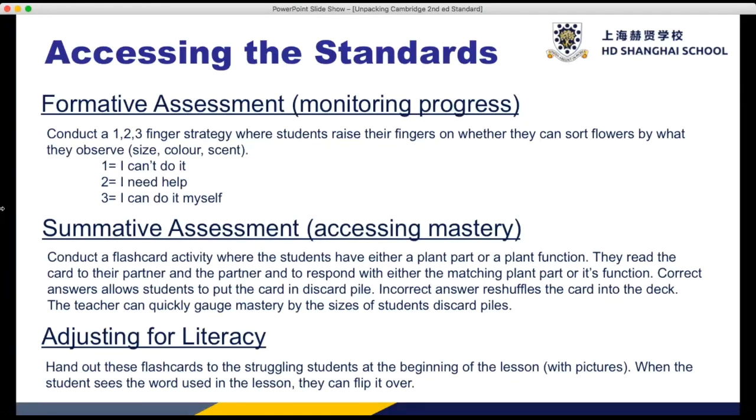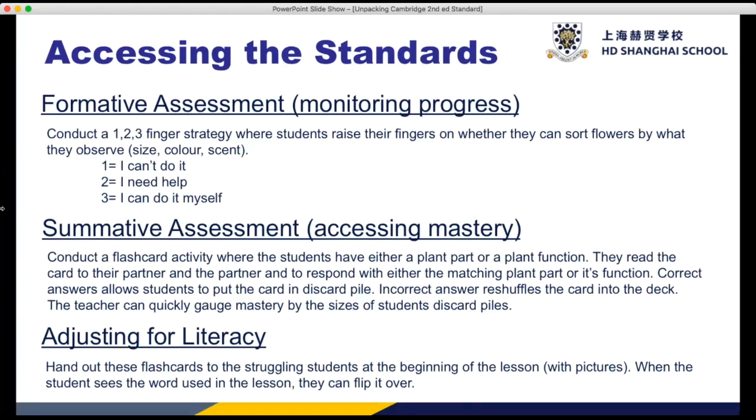If the student says the definition or term correctly, they can put that card in the discard pile. If they are incorrect, they have to reshuffle that card into the deck. The teacher can quickly see if they have mastered the terms by if there's lots of cards in the discard pile, or if they are not understanding it and they've had to reshuffle their cards many times.